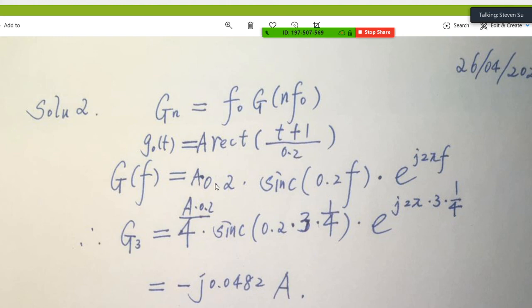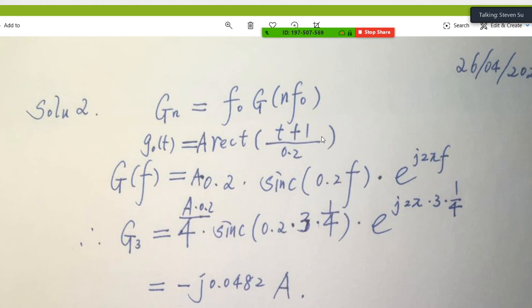If you scale, you need to multiply by 0.2, and sinc, because the Fourier transform of the rect function is sinc, and then you put 0.2 here. Because there is a time shift, right, you also need to write it in exactly this form. You cannot separate it as 1 and the t. So you need to write exactly this form.